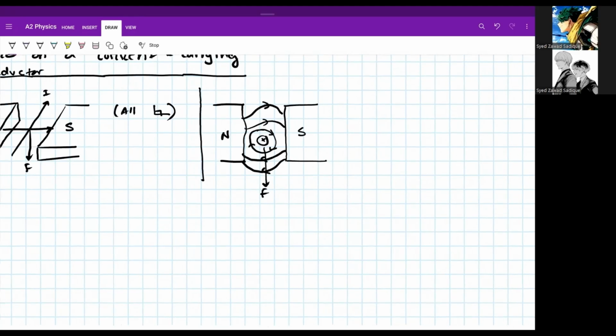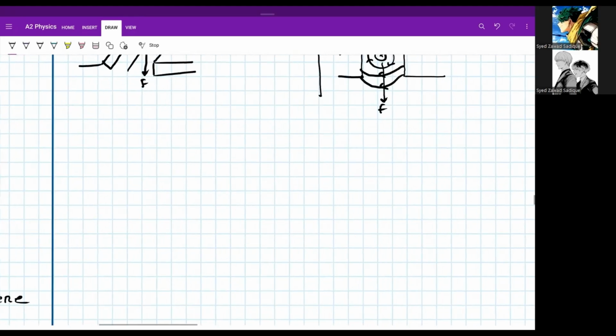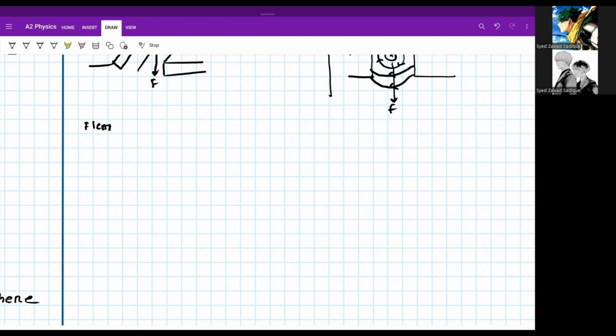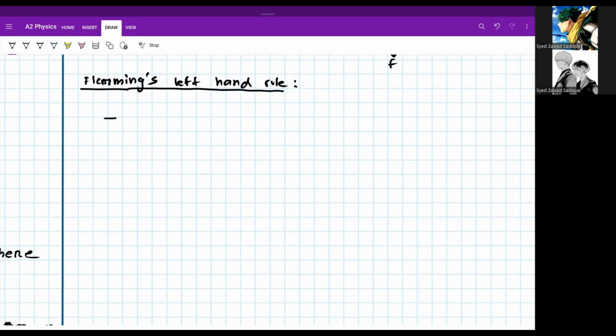Now, how can we find this? What's the law? The method is Fleming's left-hand rule. Fleming's left-hand rule uses your thumb, your first finger, and your second finger.